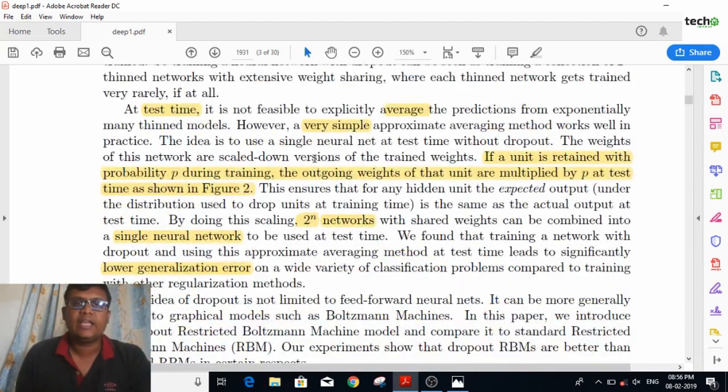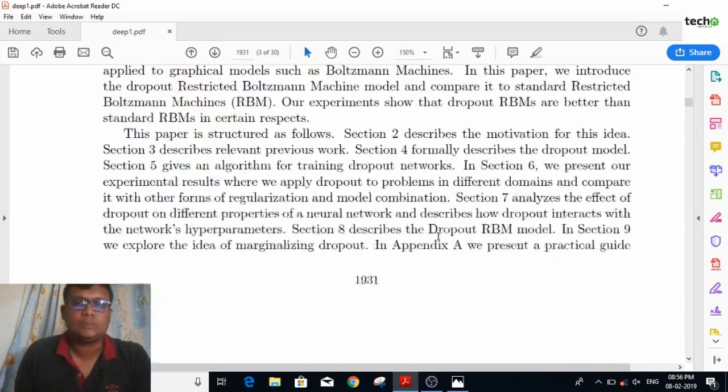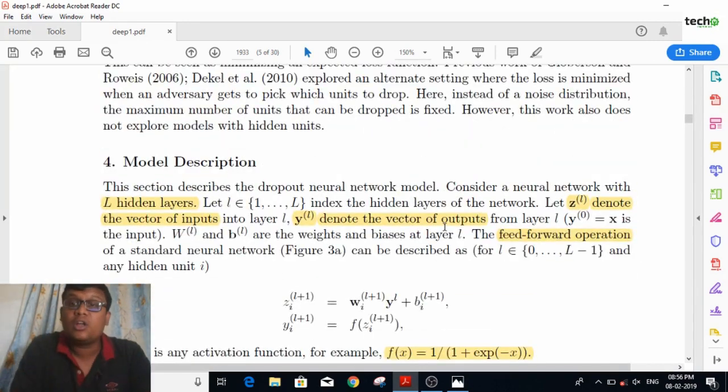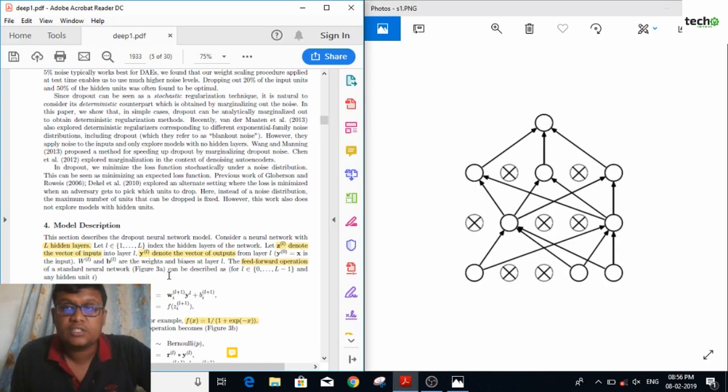This paragraph is going to tell you how exactly this model is designed, how the layers are designed. The first point is to consider L layers.